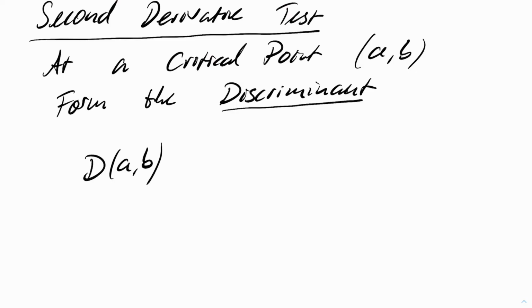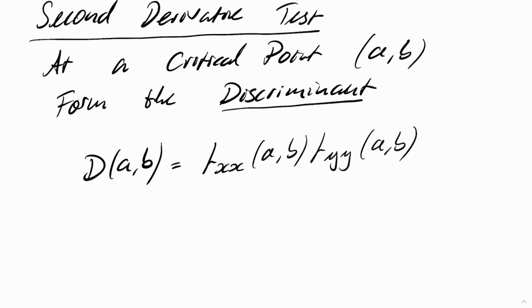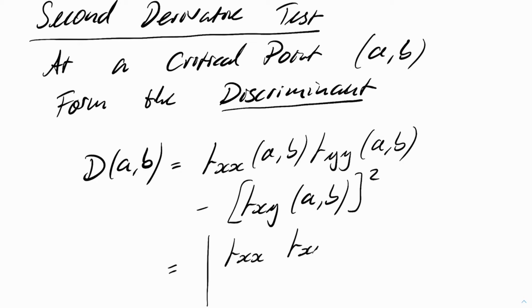It's a function of a and b, D, which evaluates to a number, and it's equal to the second derivative in the x direction times the second derivative in the y direction minus the mixed derivative squared, evaluated at the point (a, b). If you're familiar with determinants, this is just the determinant, which might make it a little bit easier to remember.